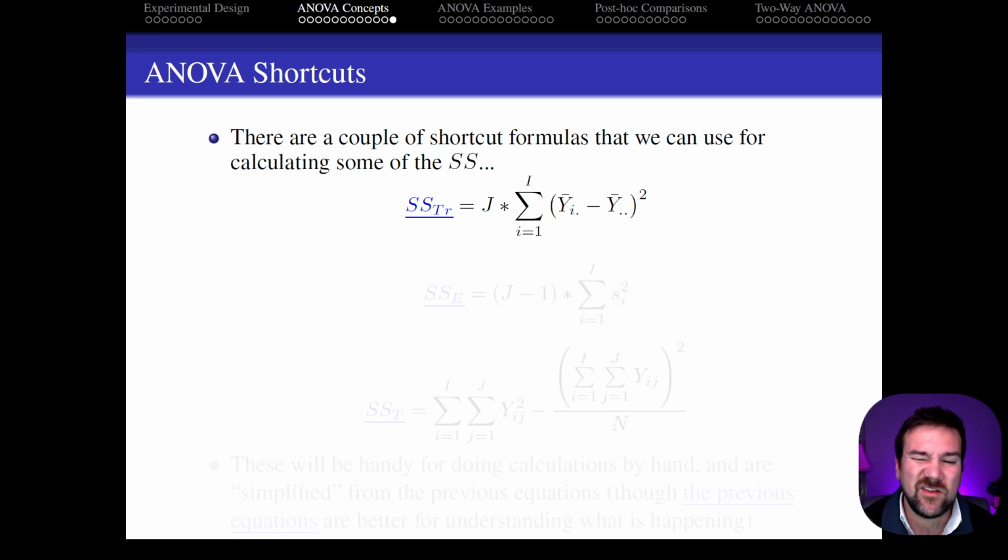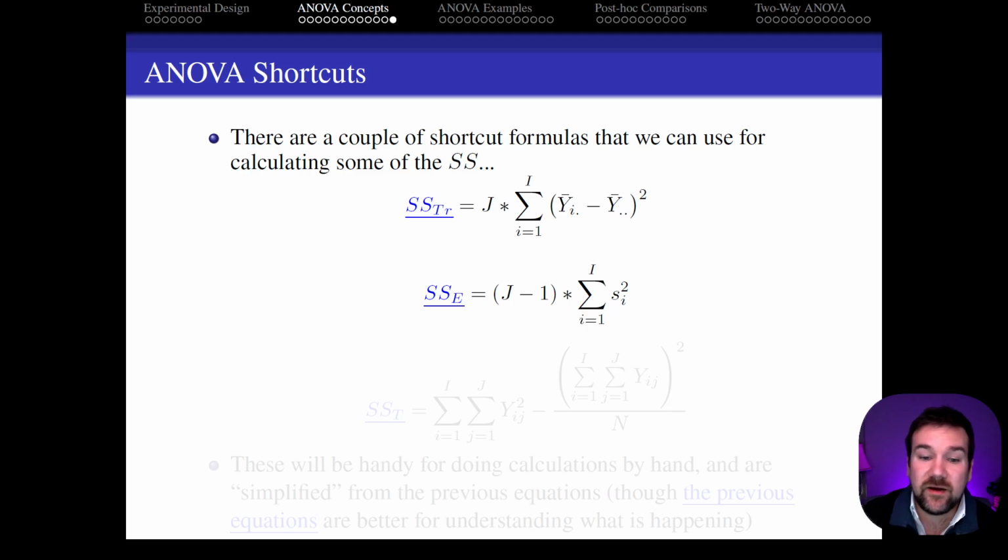That is, for each group, I'll take the group mean minus the grand mean, square those and add them all up, and then multiply that sum by the total number of observations in each group, and that's my sum of squares treatment. A shortcut formula if I'm doing this by hand.